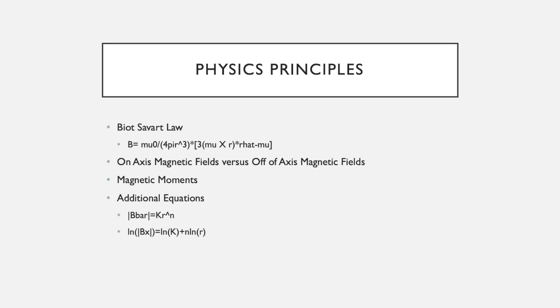Biot-Savart law gives us an equation to relate mu and r to calculate the magnetic field: B equals mu naught over 4 pi r cubed times 3 times mu dot r times r hat, minus mu. Other equations this lab utilized were the magnitude of B equals k r to the n, and ln magnitude of Bx equals ln k plus n ln r.